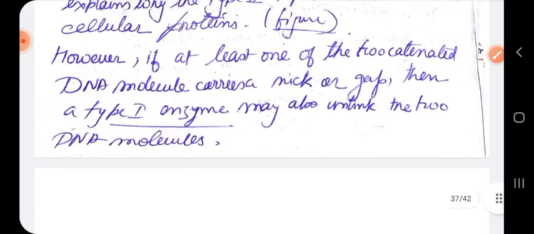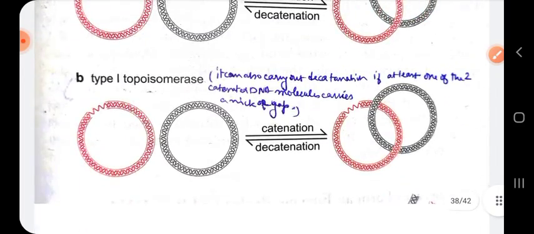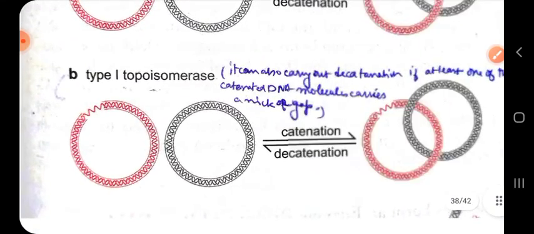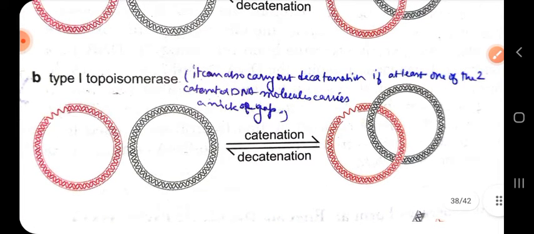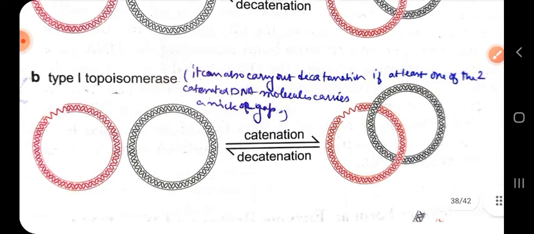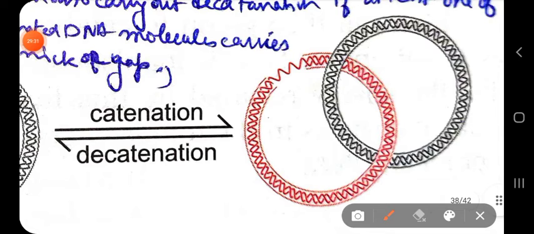Obviously, here you can see a nick or a gap created; one of the strands has been cleaved by some enzyme.